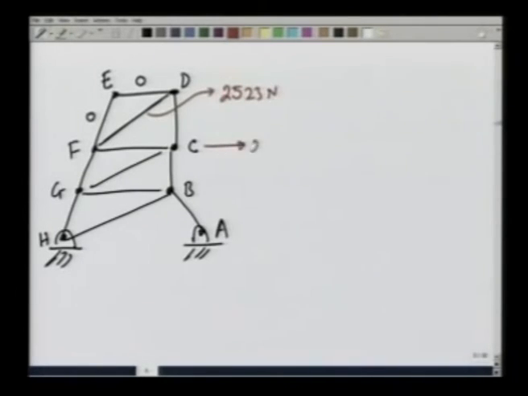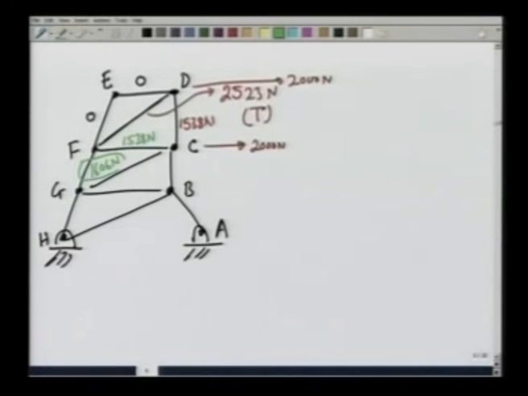This is of course loaded with 2000 newtons this way and 2000 newtons this way, and this force is tensile because it pulls D in. Similarly, now we have found F_DC, this force, which is 1538 newtons. We have found F_CF, which is also 1538 newtons, and we have found F_FG, which is 1606 newtons, this force.